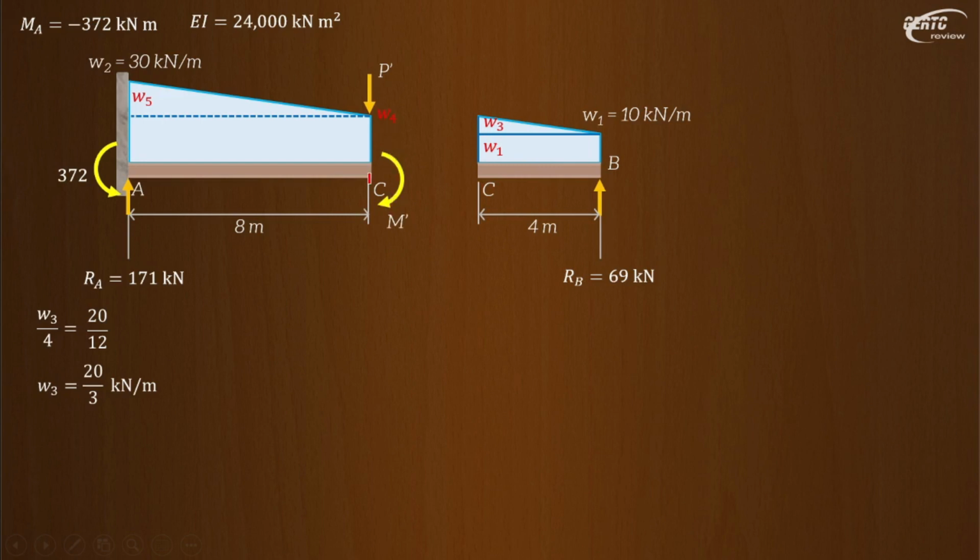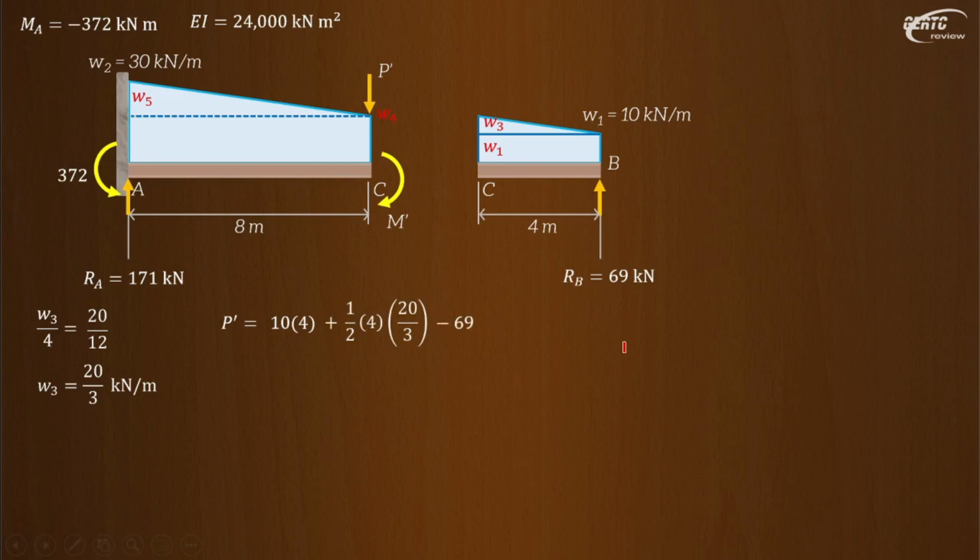Okay, so P prime. Let's assume downward positive, upward negative, to follow the direction here. That will be 10 times 4, W1 times 4, plus 1/2 W3, which is 20 over 3, so 1/2 times 4 times 20 over 3, minus 69.